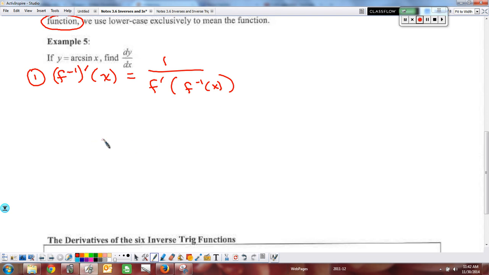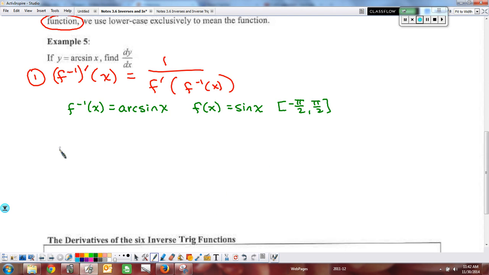Keeping in mind that when we're doing this problem, we're assigning f inverse of x as arc sine of x, and f of x, the original function, would be sine of x. And we do remember that we have that principal value range that we're restricting it to, negative pi over 2 to pi over 2. You'll see where that becomes important in just a second.